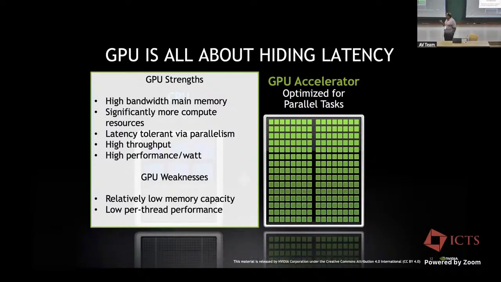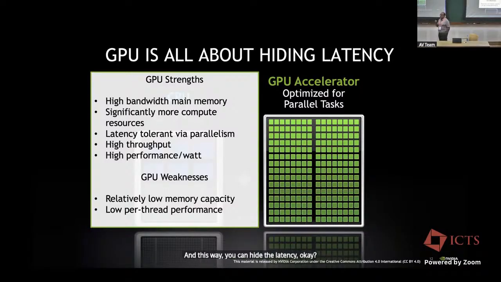And one important thing is it's latency tolerant. In CPU, we try to minimize the latency by developing a system of caches. Here it is made latency tolerant because you have so many lightweight threads to play around with. You can keep on scheduling the threads one after another. And this way you can hide the latency, okay?